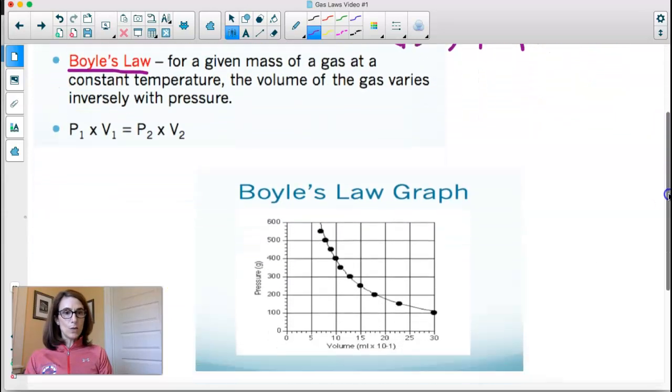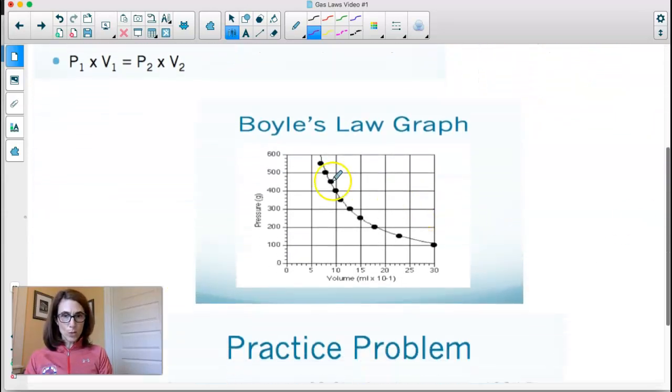So if you look at the graph of something that is inversely proportional, right, pressure is here on the y-axis, volume is here on the x-axis. So as our pressure is going down, our volume goes up.